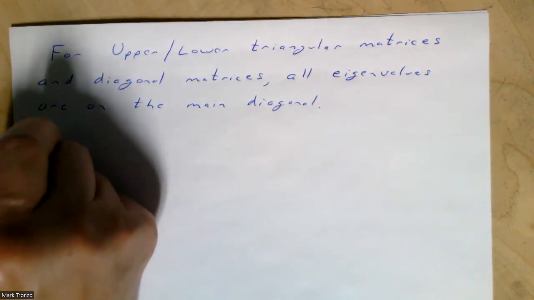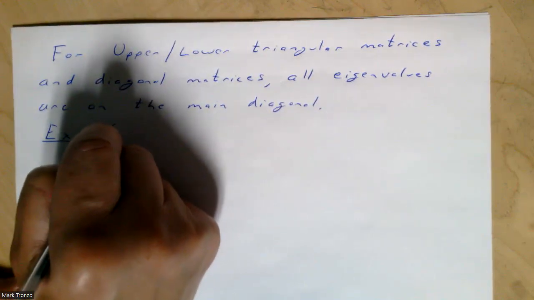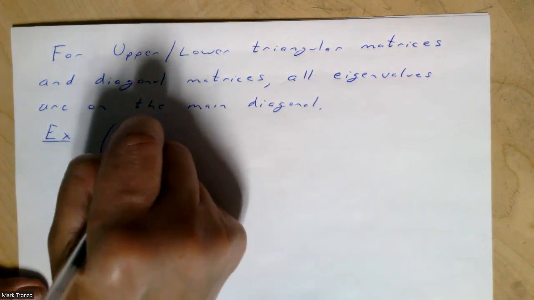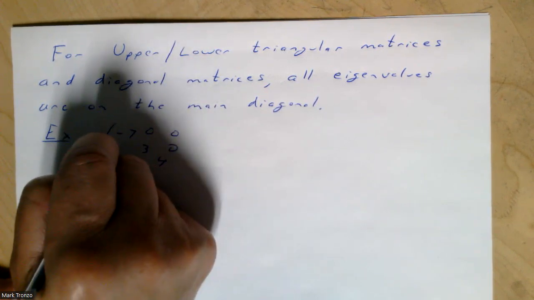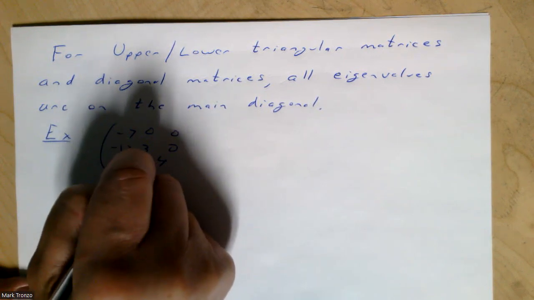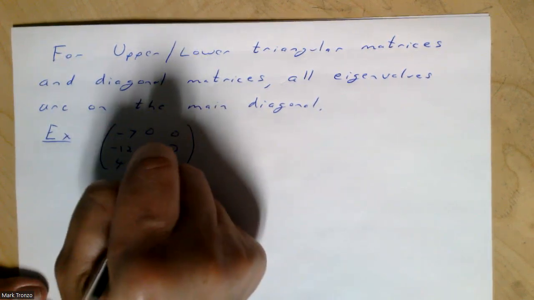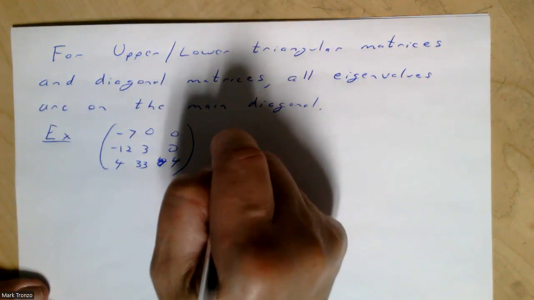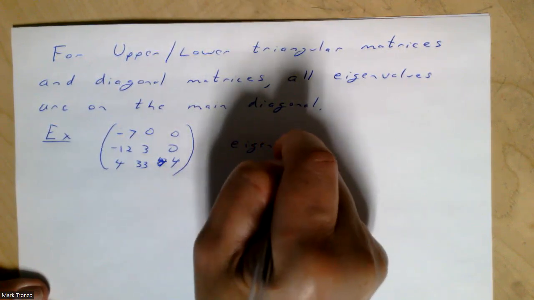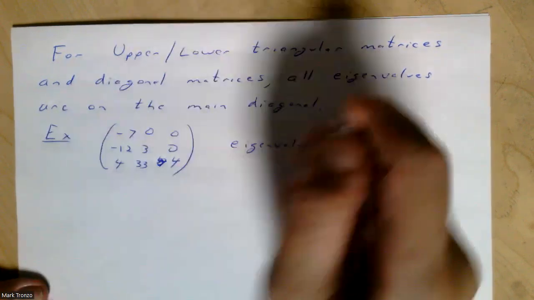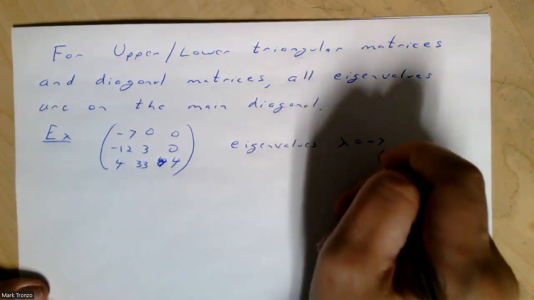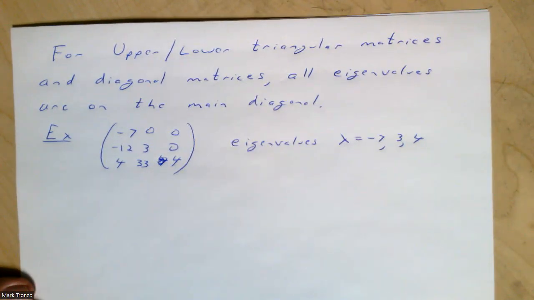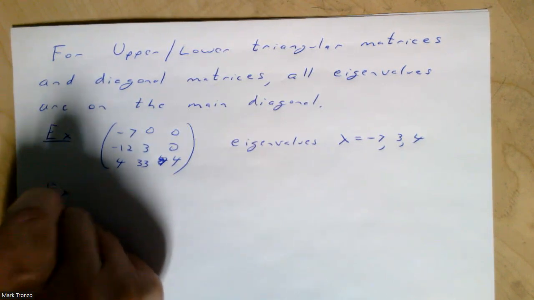So they become very, very simple. So again, this is lower triangular. It's going to have eigenvalues -7, 3, and 4. Same thing if you have an upper triangular one.